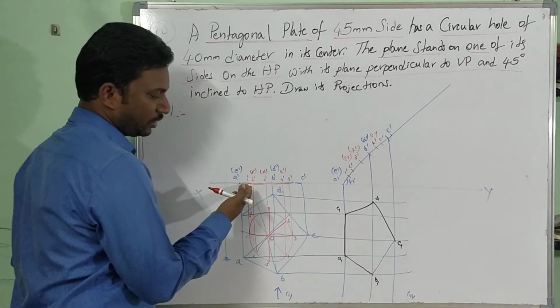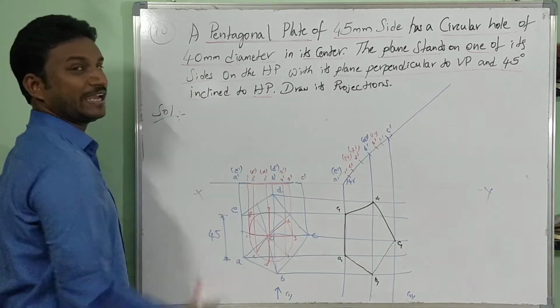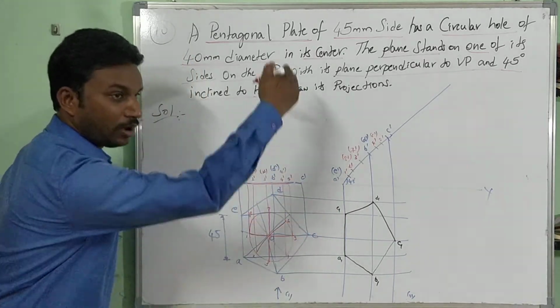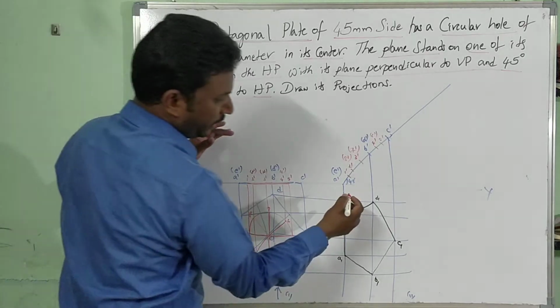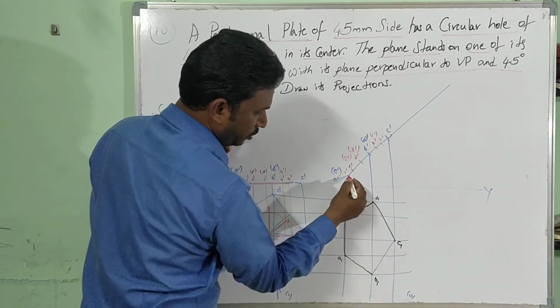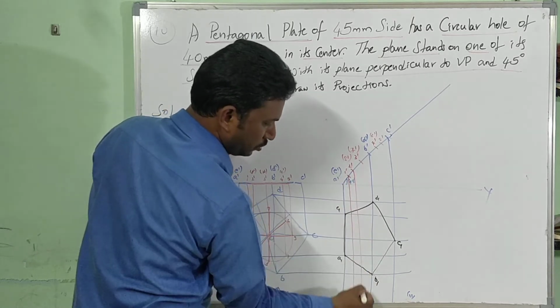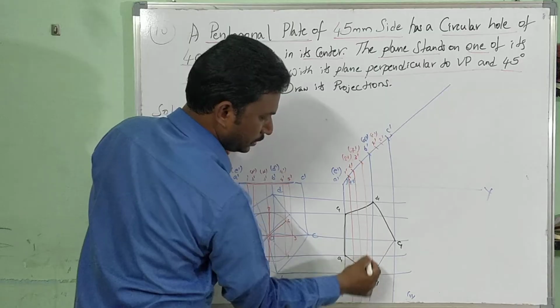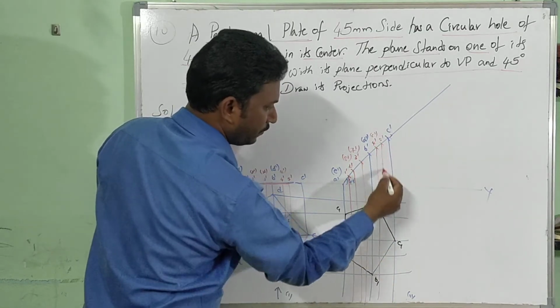Once I have projected all these 1, 2, 3, 4, 5, 6, 7, 8 on the inclination line in the second step front view, I can draw vertical projectors to the step 2 top view. Vertical projectors from 1, try to use your drafter. Vertical from 2, 3, 4, 5.